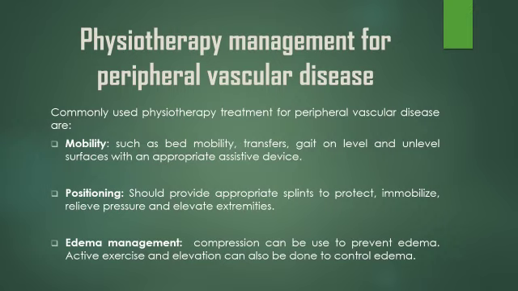Positioning should provide appropriate splint to protect, immobilize, or relieve pressure, and elevate extremities. Edema management by using compression or active exercises and elevation can also be done to control edema.